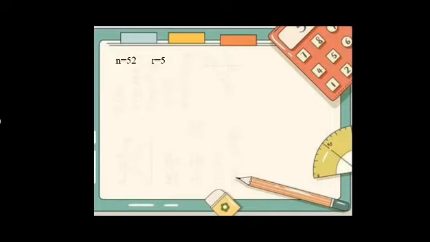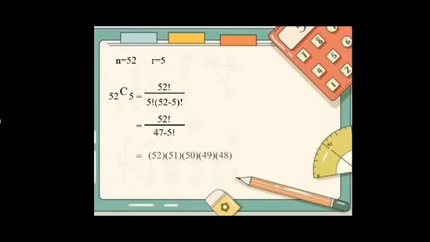n is equal to 52 and r is equal to 5. 52C5 is equal to 52 factorial over 5 factorial times 52 minus 5 factorial, which is 52 factorial over 47 factorial. 52 factorial reduces to 52 times 51 times 50 times 49 times 48.